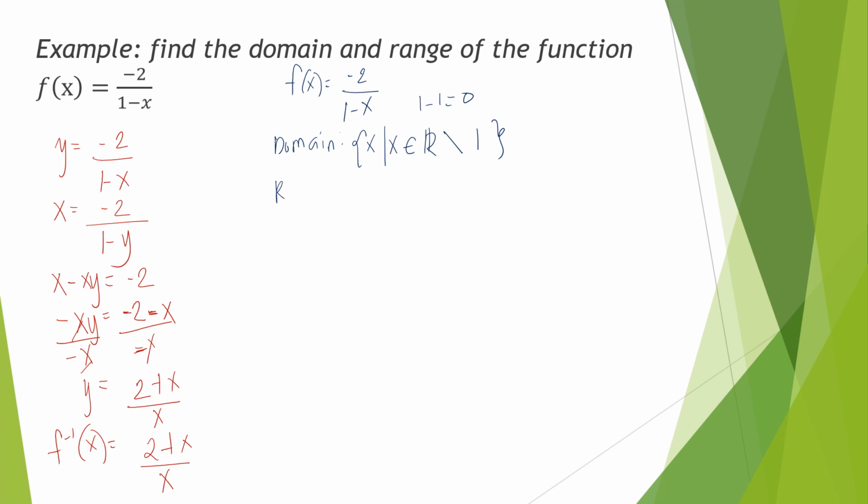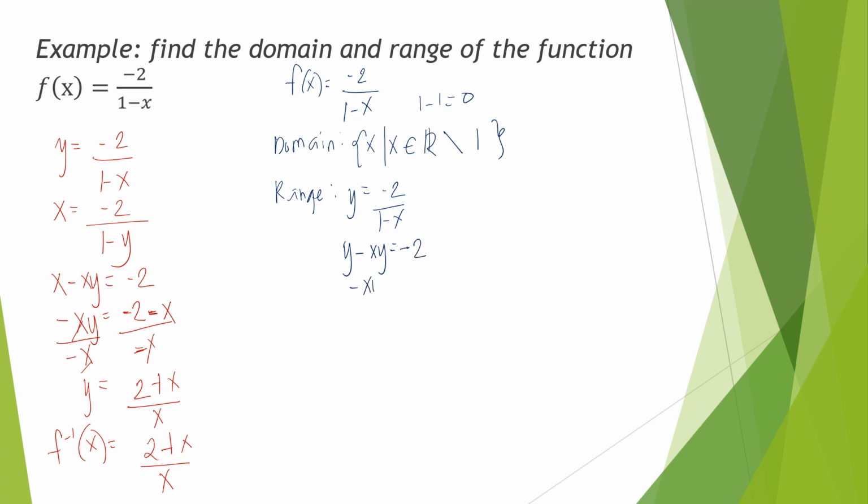And for the range, okay, for the range, change f of x to y. So, negative 2 all over 1 minus x. Then, cross multiply. So, 1 times y is y. Then, minus xy is equal to negative 2. Then, move the y to the other side.